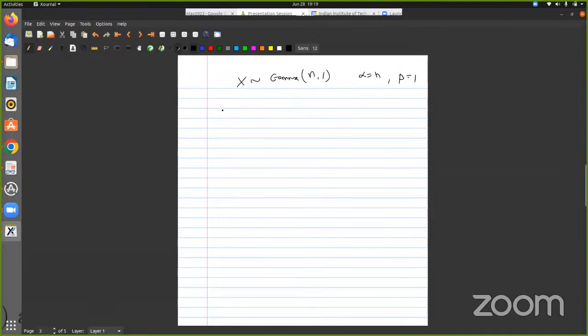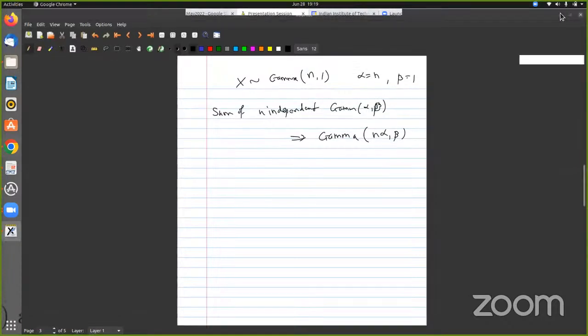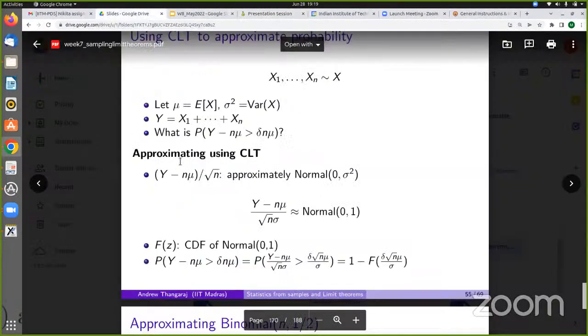But we know that the sum of n independent gamma alpha beta is having the distribution of gamma n alpha beta, right? This property we know, right? Yes, sir. If you don't remember, I'll show you the slides.